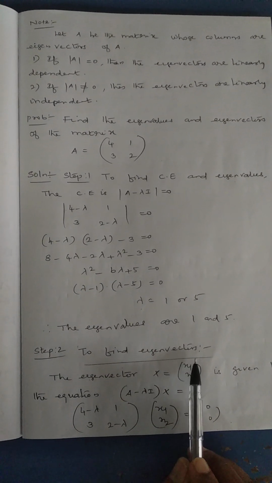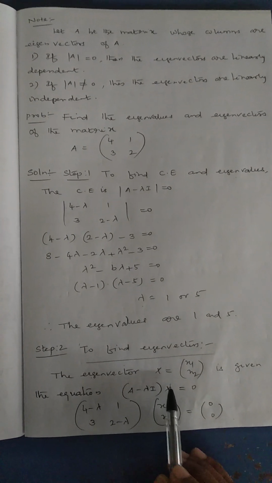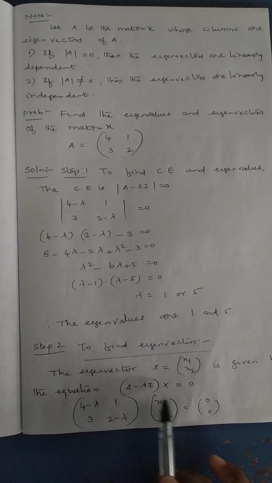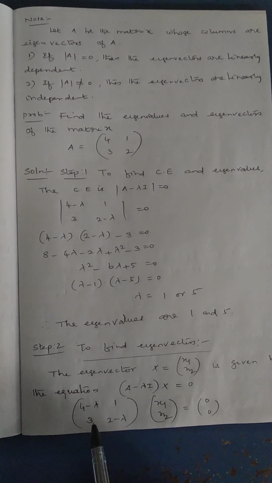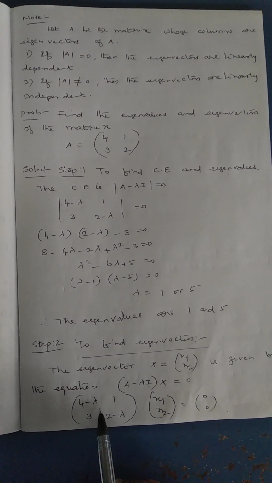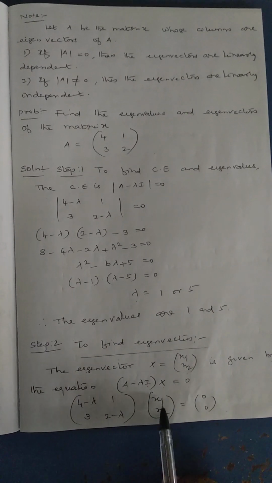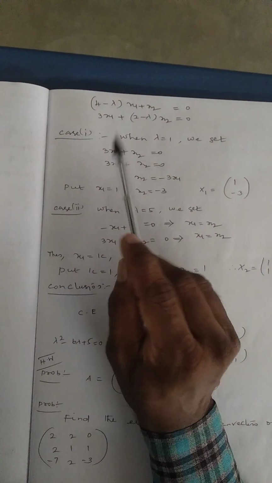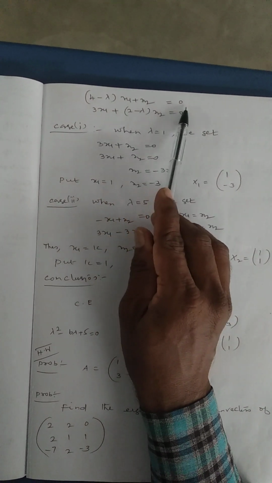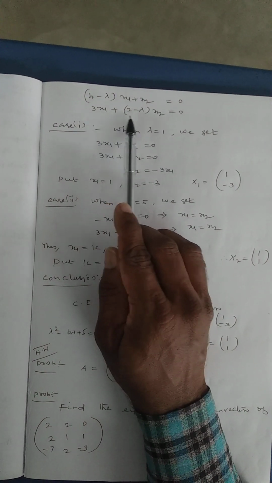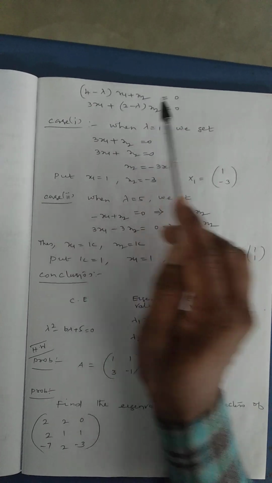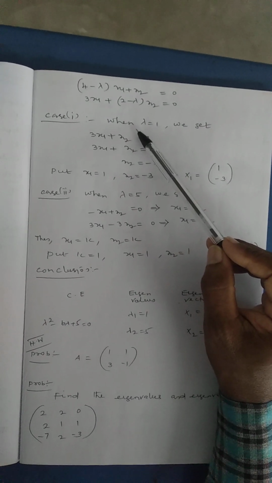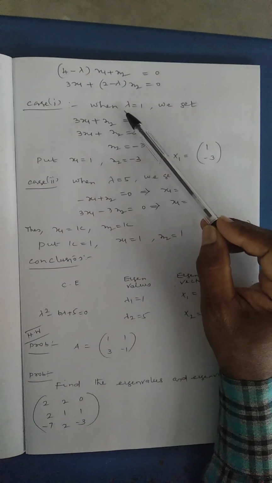To find the eigenvectors. The eigenvector X equals x1, x2 is given by the equation A minus lambda I X equals 0. So 4 minus lambda, 1, 3, 2 minus lambda, x1, x2 equals 0. So 4 minus lambda into x1 plus x2 equals 0, and 3x1 plus 2 minus lambda x2 equals 0. Case 1: we already found the lambda values, so first take the first value.